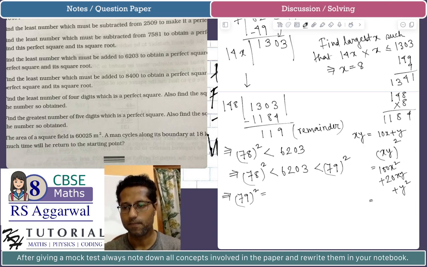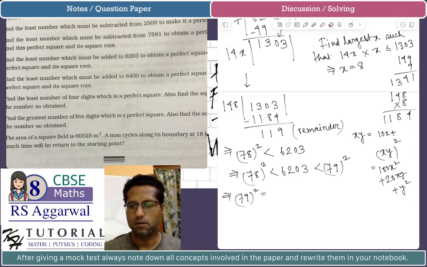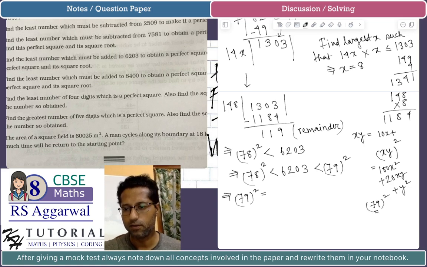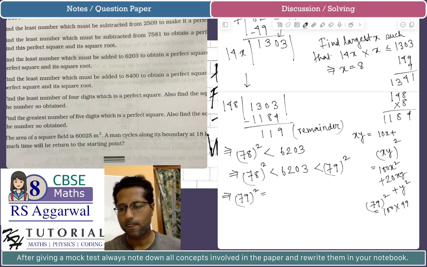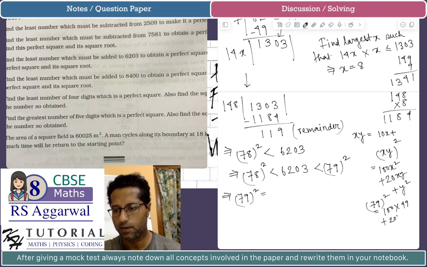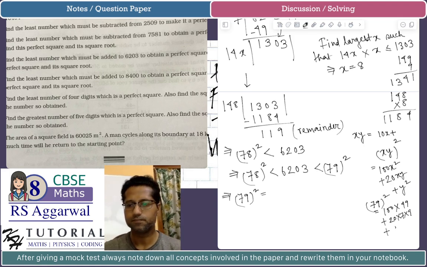So 79 squared will be 100 into 7 squared, that is 49, plus 20 into 7 into 9, plus 9 squared, that is 81.